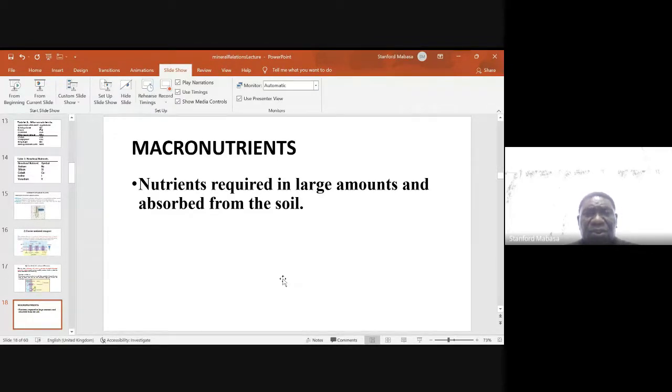So macronutrients, what are they? These are the nutrients which are required in large amounts and are absorbed from the soils, probably using some of those 4 methods to enter the plants.